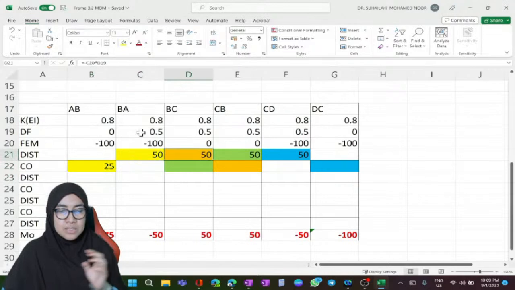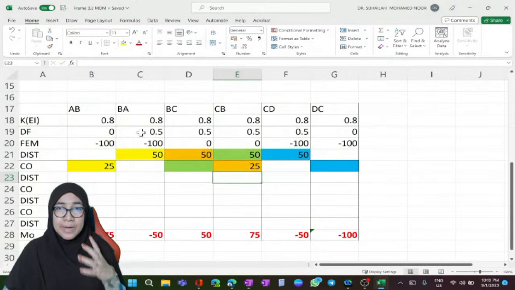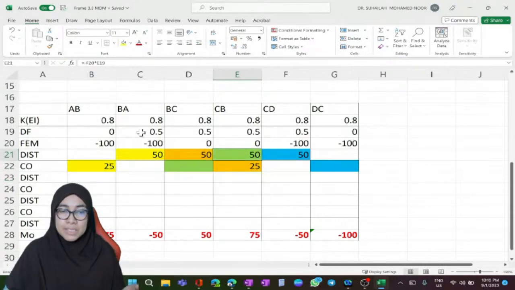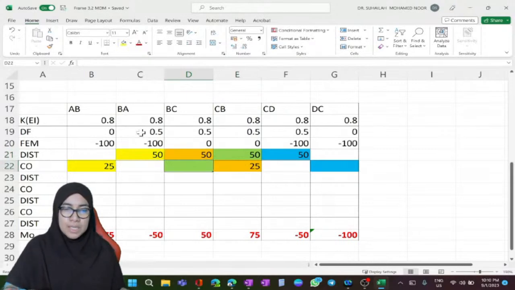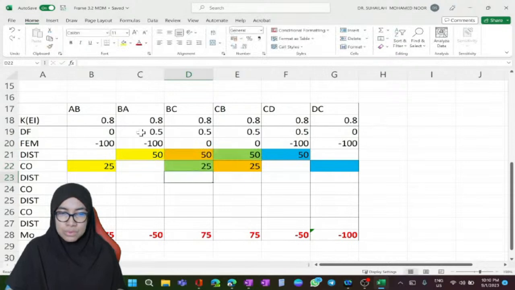Okay, the orange BC, we have to carry to CB. So this is 50 divided by 2. Okay, the green is CB. We carry to BC. It is 50 divided by 2. Okay, and the blue is also the same.